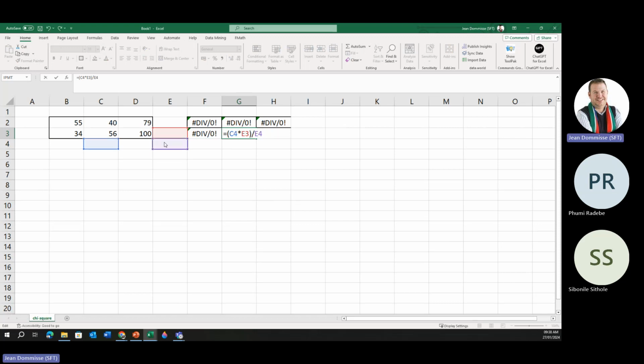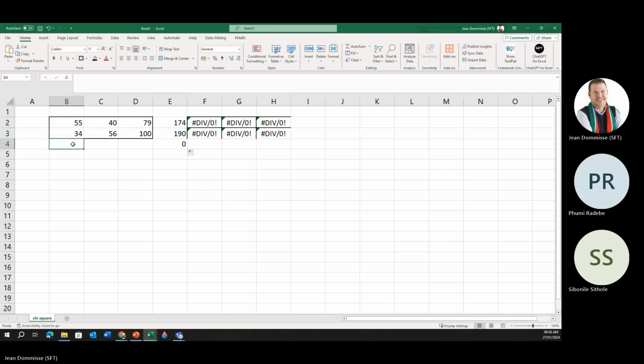And I could have anchored it, but I'm too lazy now to anchor the cells. Okay, so that is our expected frequency.